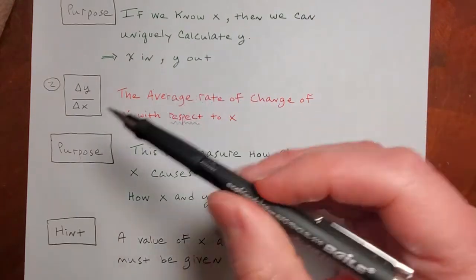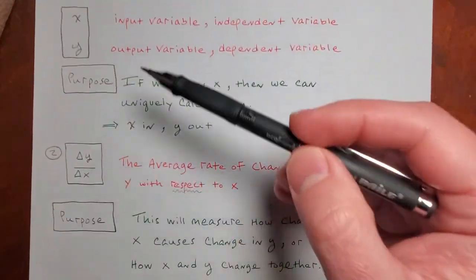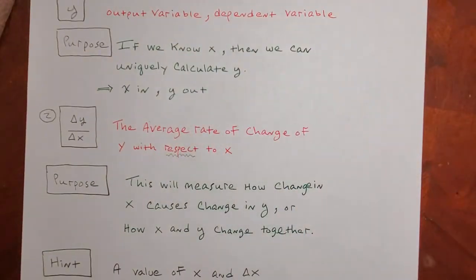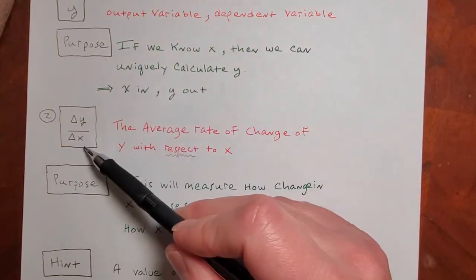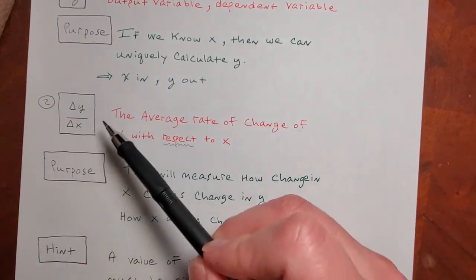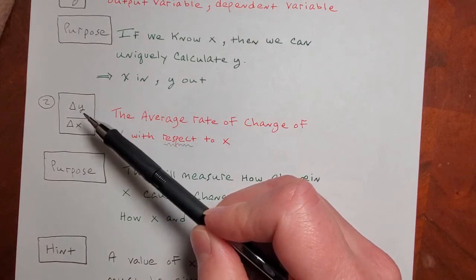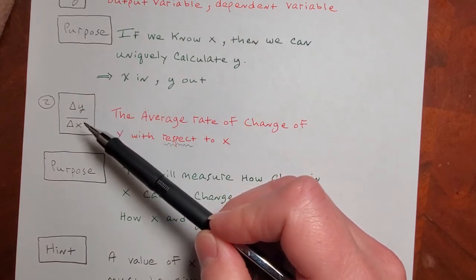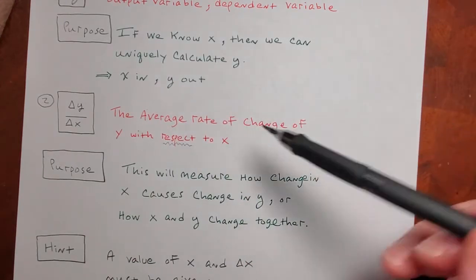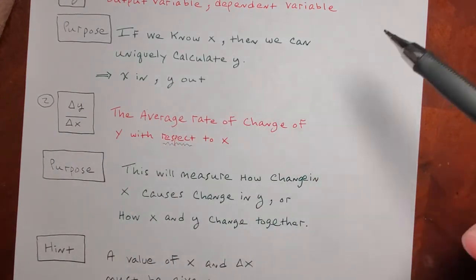Well, if x and y are linked together by a function, x determines what y is, then any change in x is going to cause change in y, and they're changing together. It's not like the y changes all by itself independently of the x or vice versa. Change in x causes change in y, so we can say that y is changing with respect to x.